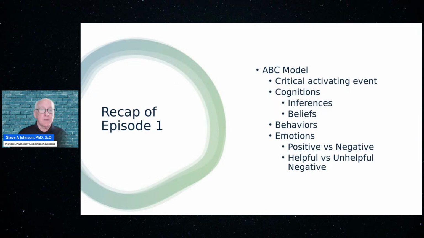Let's go to the C. The C would be what we call the consequences, not the consequences of the activating event, but consequences of something else that I'll mention in a moment. And those are what? Behaviors, emotions, physiological responses. They are the consequence largely, but not totally, of the beliefs that we have. Now, in general, in REBT, we use the word belief, but often we're talking about two different kinds of cognitions.